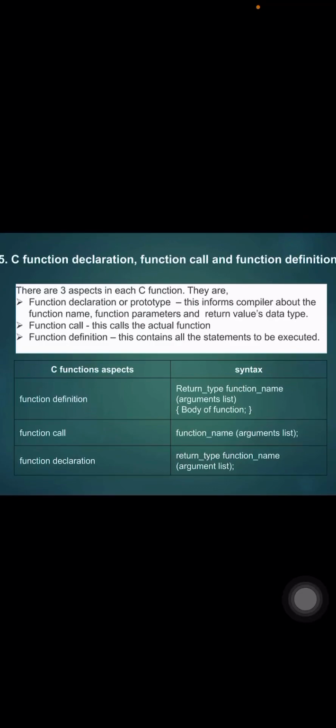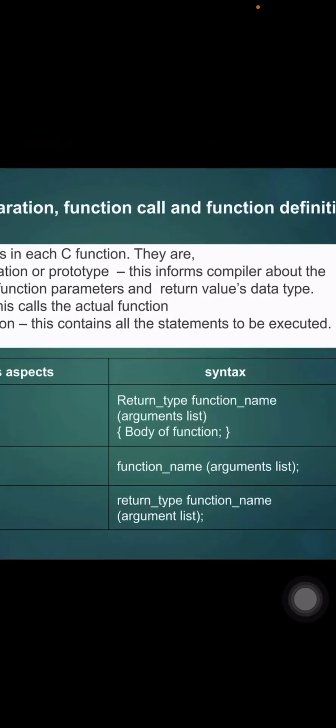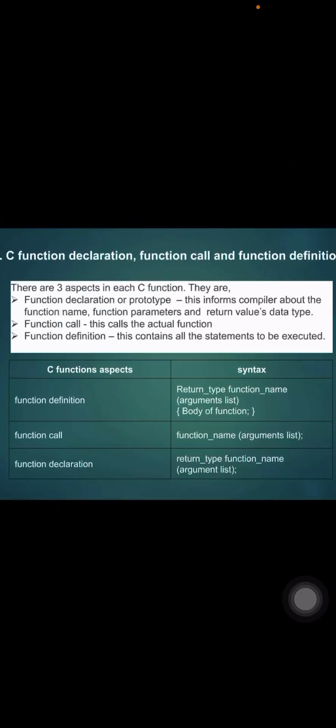But the function is called within the main function because the execution starts from the main function. While calling the function, we need not mention the return type of the function. We just mention the name of the function, and the argument list is passed in the braces, and its calling ends with a semicolon.